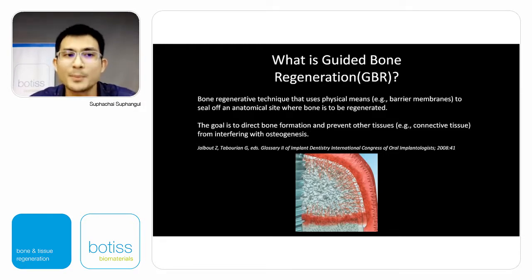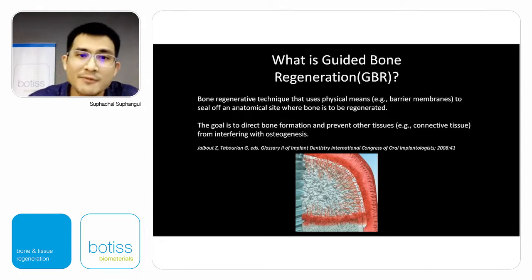The soft tissue has the potential to heal faster than the hard tissue. That's why, if you don't have a membrane to protect the bone graft, the soft tissue will invade the bone graft, and we will lose the volume and the quality of the bone graft also.